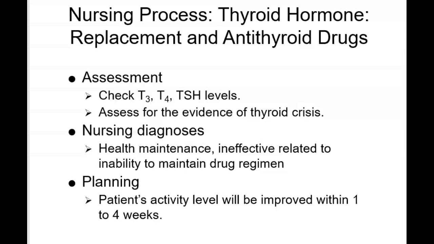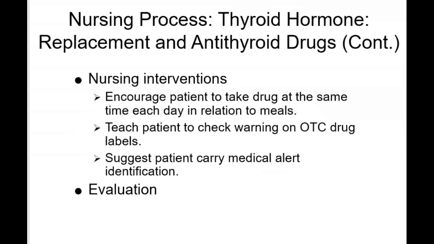In terms of planning, we hope that the activity level will be improved within 1 to 4 weeks of thyroid treatment. In terms of nursing interventions, we want to record vital signs. With hypothyroidism, temperature, heart rate, and blood pressure usually are low. With hyperthyroidism, tachycardia and palpitations can occur. We want to monitor the patient's weight.